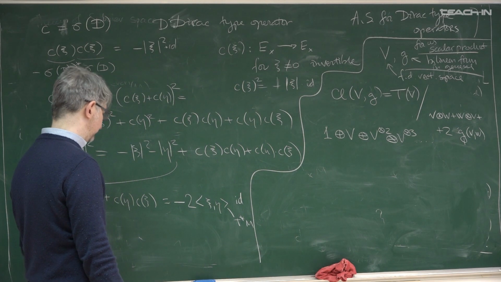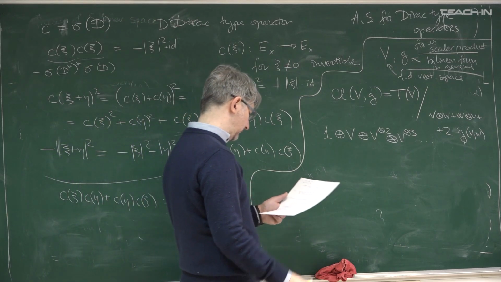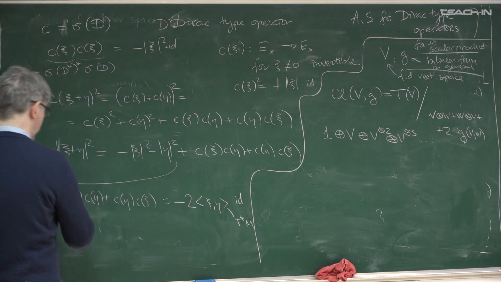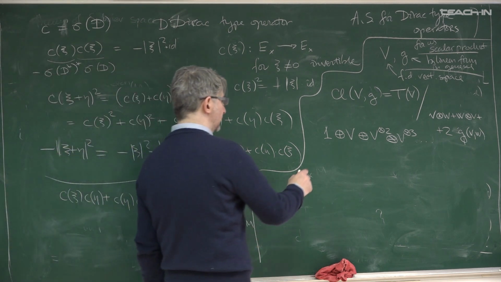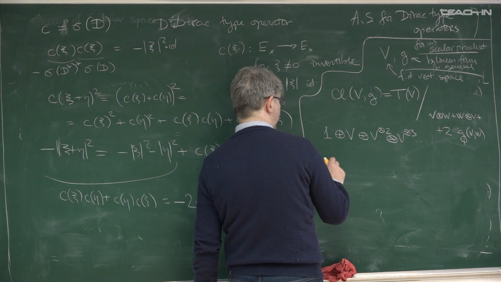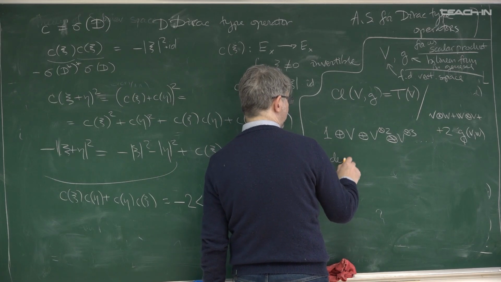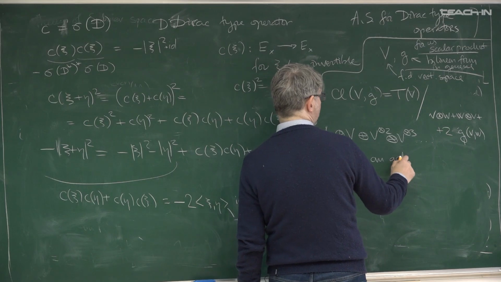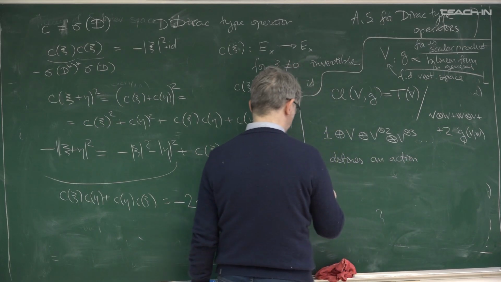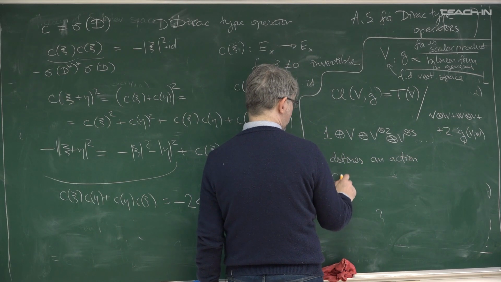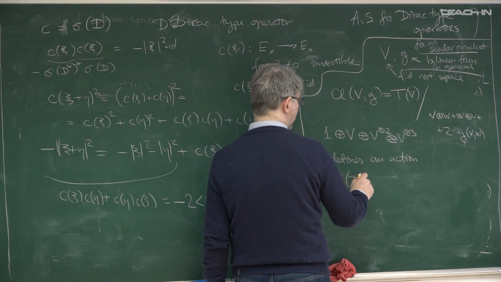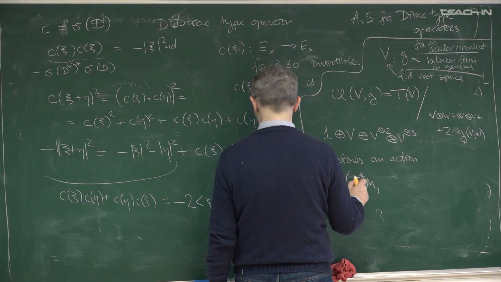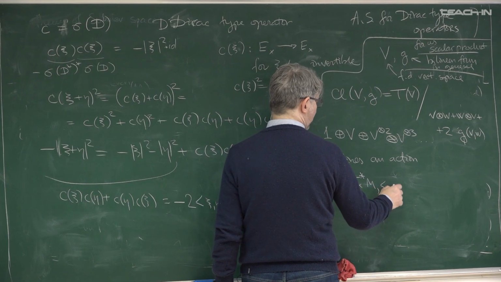Very good. So what happened here? The symbol of the Dirac-type operator C defines an action of the Clifford algebra defined on the cotangent space at the point X and the scalar product.